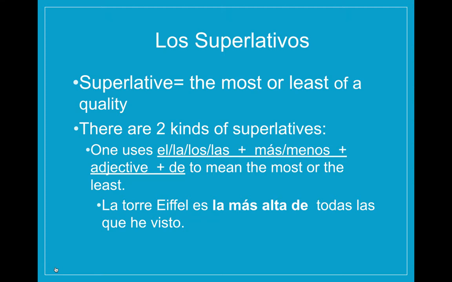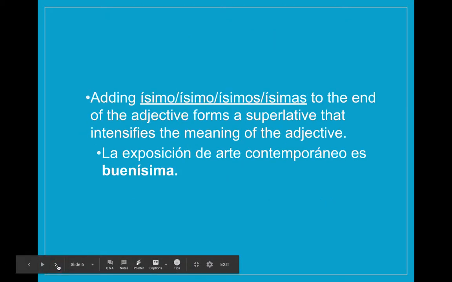The Eiffel Tower is the most tall of the ones I have seen, or the tallest. So we don't have that EST part in Spanish. So we're literally saying the most tall of all. You could do the same thing with least. You could say el menos alto or la menos alta de as well.